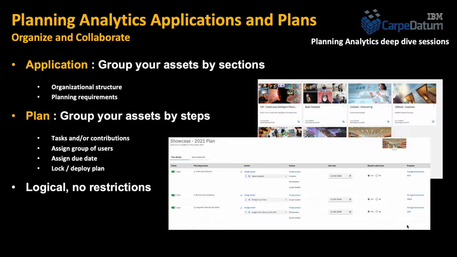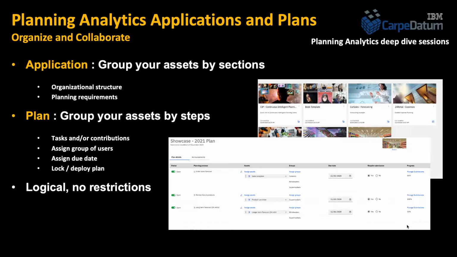The second part, which I think is the most interesting one, is the plan. You can group your assets in there, but by a step approach. So basically, step number one, you enter your sales. Number two, you enter your marketing, lead generation.